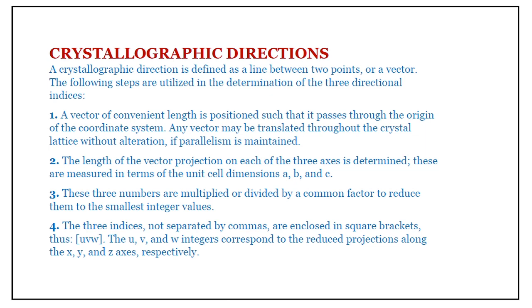These are measured in terms of unit cell dimensions a, b and c. These 3 numbers are multiplied or divided by a common factor to reduce them to the smallest integer values. The 3 indices, not separated by commas, are enclosed in square brackets. They are designated as u, v and w. The u, v and w integers correspond to the reduced projections along the x, y and z axes respectively.